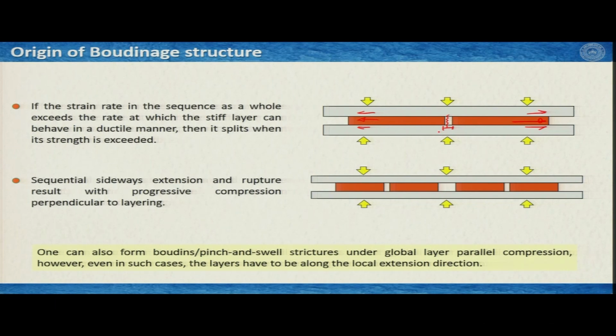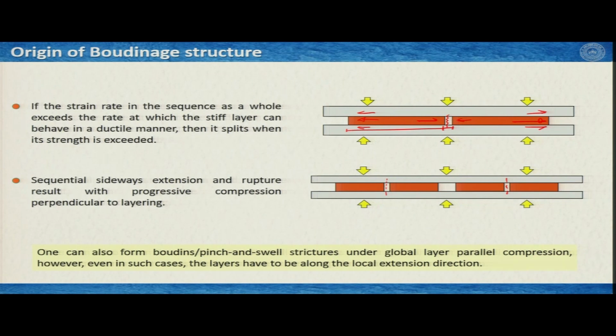If this deformation continues, then this block behaves separately, and again this block also develops an extensional strain within itself, and therefore it produces another fracture, and the same happens here. So, this is how it multiplies and the Boudinage process goes on.